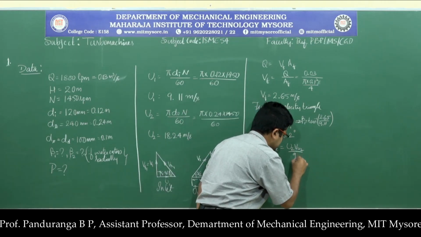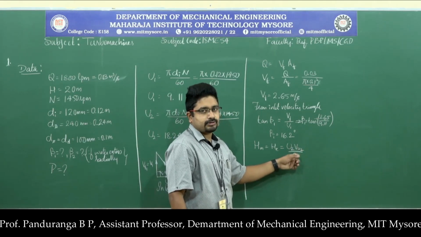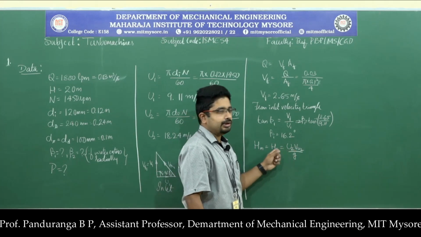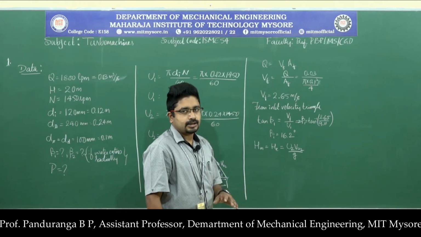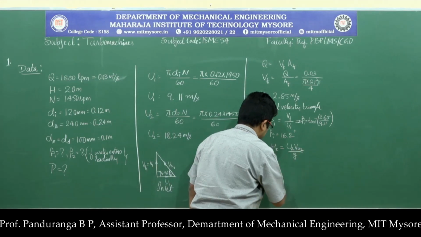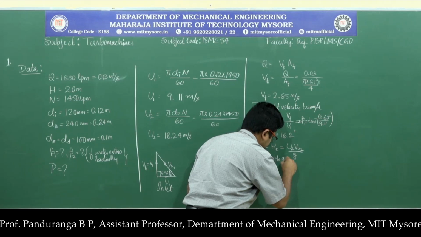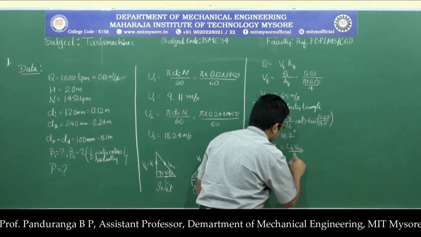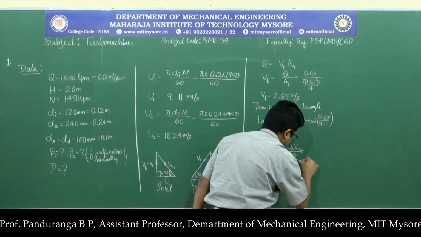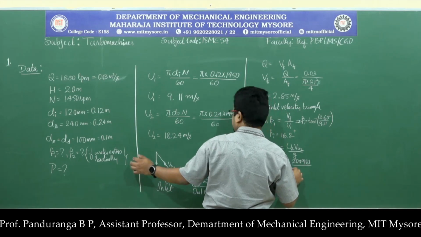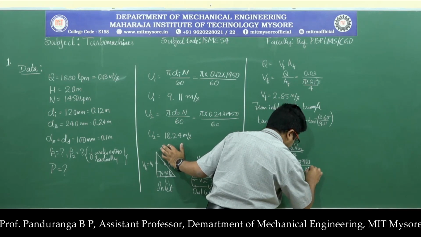So the head here is given by u2 Vu2 divided by g, because from Euler's equation, the energy transfer will be equal to g into He, where He is the Euler head. So now to get Vu2, I can rearrange this as Vu2 equal to He into g divided by u2, which is 20 meters into 9.81 divided by 18.24.